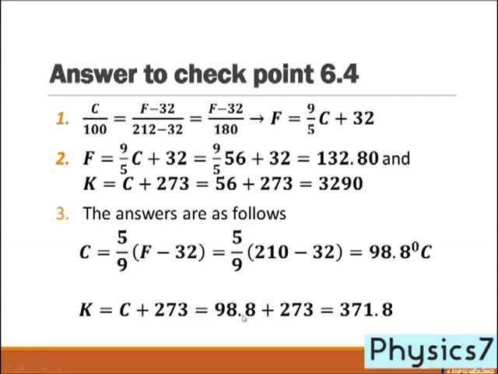And we know what the temperature is in Celsius. We've just worked that out to be 98.8 degrees Celsius. So the temperature in Kelvin is 98.8 plus 273, and that will give us a value of 371.8 Kelvin.